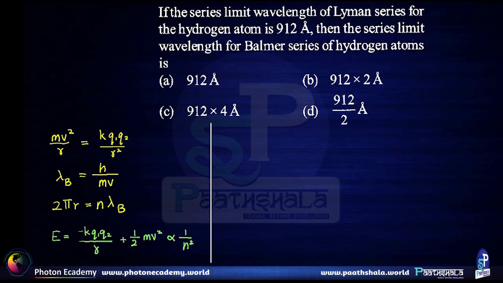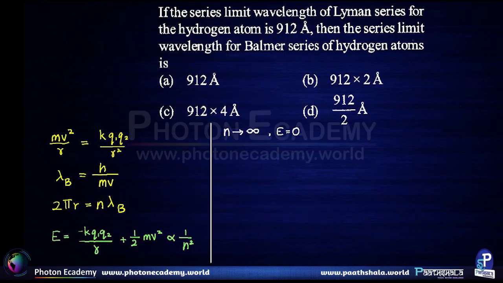Therefore, as n tends to infinity, we would have energy equal to 0. That is, a free electron has no energy.